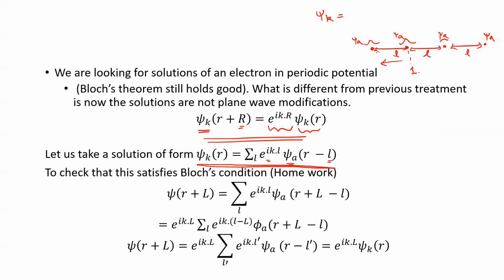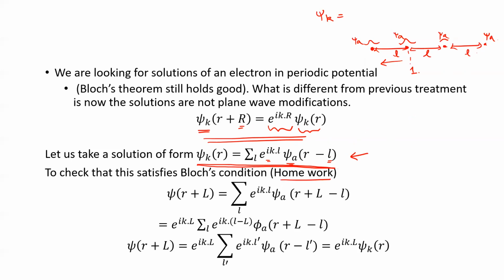So all I'm writing is, at this point, the wave function is a summation of the wave function at all the lattice points multiplied by its corresponding phase factor, e^(ik·L) into psi A of r minus L. Now you can easily prove that this will satisfy the Bloch equation. I'm not going to go through this. You can do it as your homework.